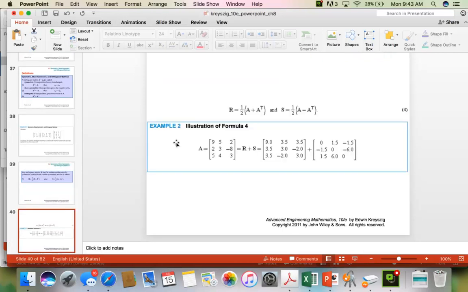We can look at an example here where we have a matrix A. If we construct R by taking A plus A transpose times 1/2, and then construct S, we can see that this theorem is true.